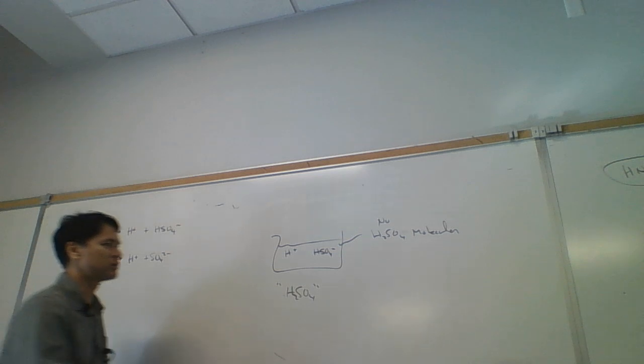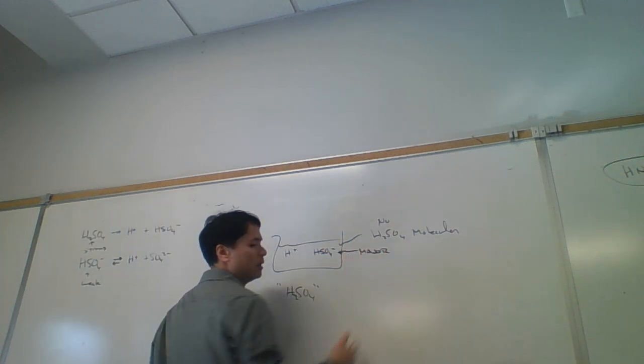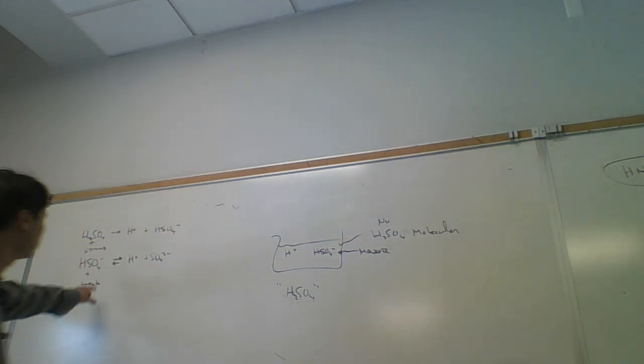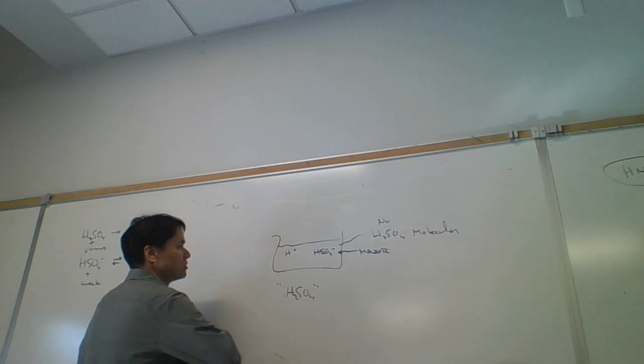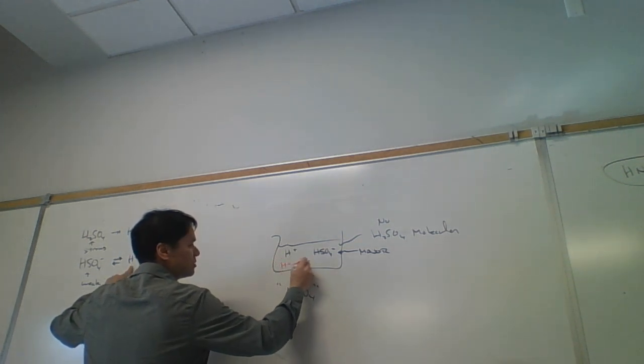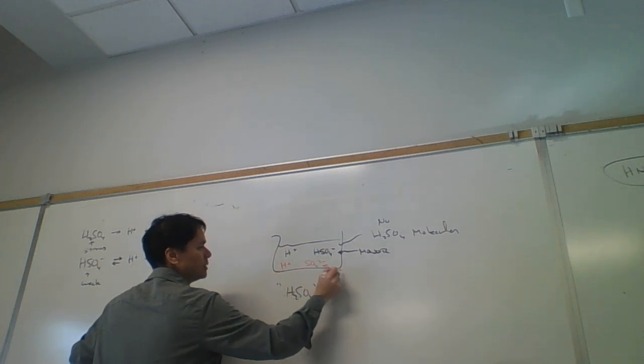These are what we call the major species. But we're also going to see some minor species. The minor species are the partial dissociation of the weak acid HSO4 minus. So if we have a little bit of dissociation in HSO4 minus, we're going to form some sulfate and some H plus. These are going to be the minor species.